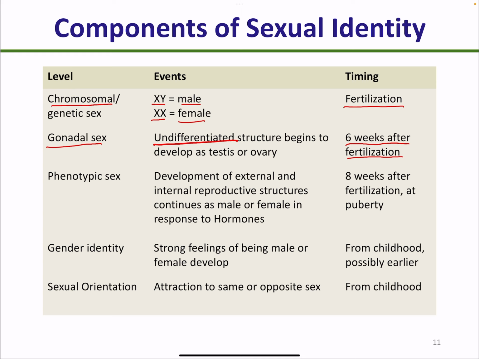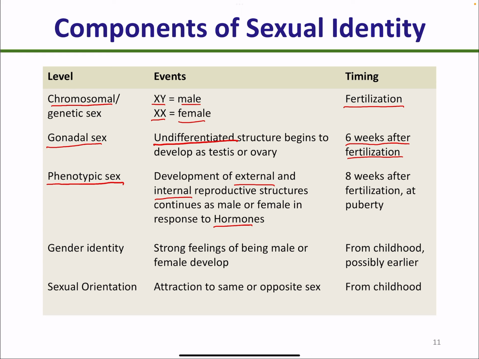Then we're going to have phenotypic sex that is going to develop, where we see external features that are noticeable, right? External features and internal reproductive organs develop into male or female depending on which chromosomes the embryo received and the hormones that are going to develop, right?